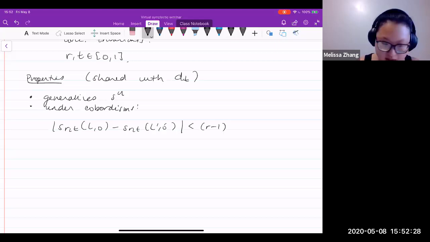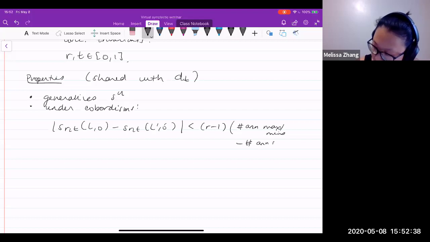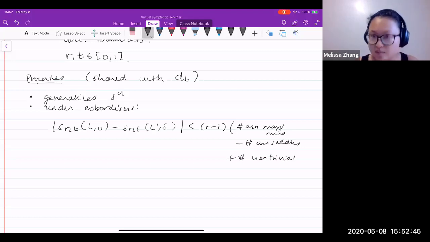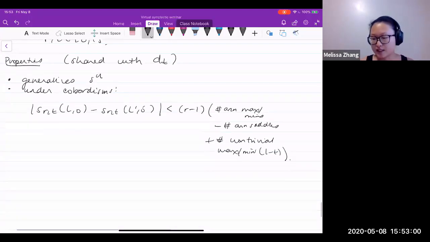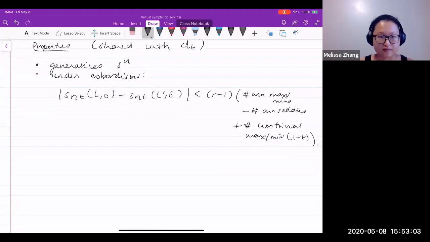And it depends on R and T. So the number of annular maxes and mins minus the number of annular saddles plus the number of non-trivial ones, so those are the maxes and mins that end up being punctured by the axis, times 1 minus t. Okay, so this is just to show you that there's some way to control how this invariant changes.